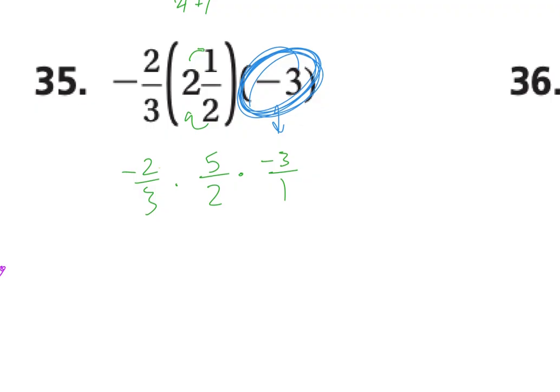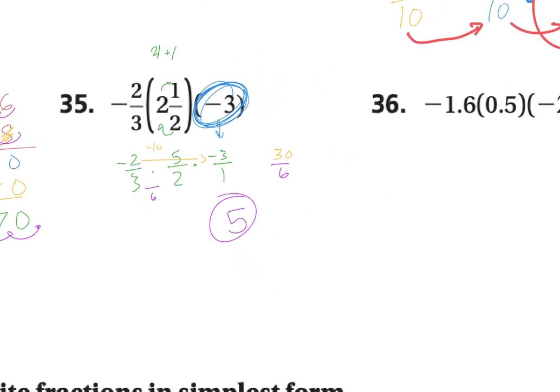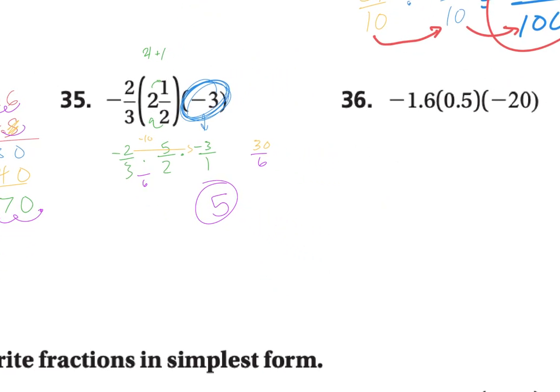We can just multiply straight across. Negative 2 times 5 is negative 10. Negative 10 times negative 3, that's positive 30. 3 times 2 is 6. 6 times 1 is still 6. The answer here, y'all, is 5. That's it. Now, if you had wanted to convert that to a decimal in order to do this, yikes.